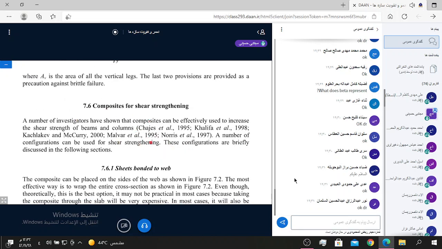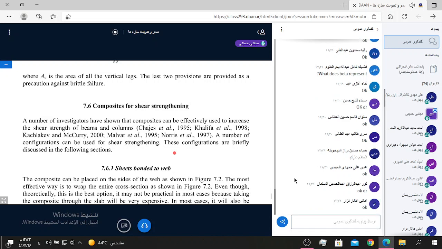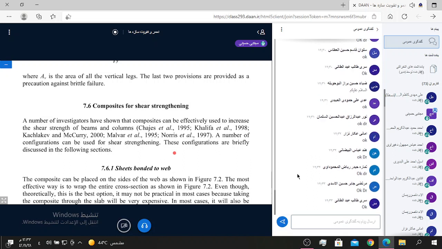But composite material is also very important, and the behavior of composite material for shear strengthening was studied by several researchers, such as Mr. Chajes and Khalifa, and also by McCurry and Malam.